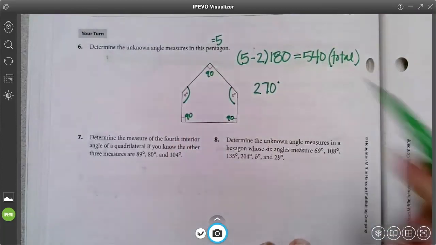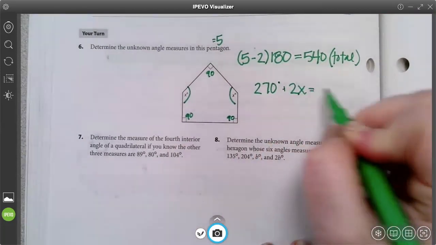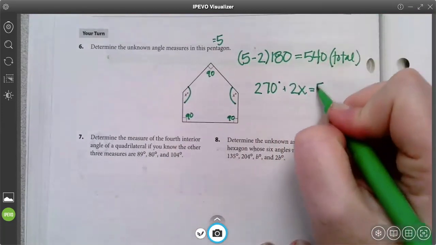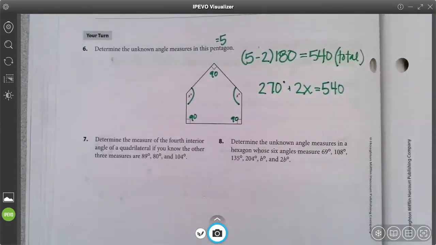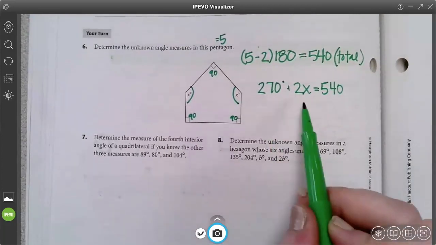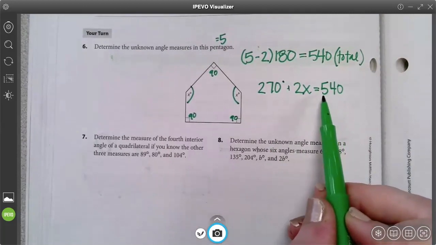And then I have 2 x's. And that's going to equal, I could put 5 minus 2 times 180, or I could put 540, either one. So the 3 90-degree angles plus the 2 x-degree angles have to have a total of 540, because that is what our sum theorem says.